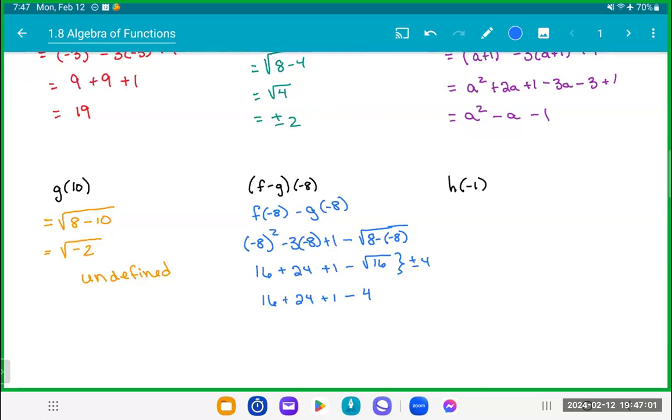Okay. I think I wrote down the wrong answer. 8 plus 8 is 16, so that's 4. Yeah, minus 4 out there.